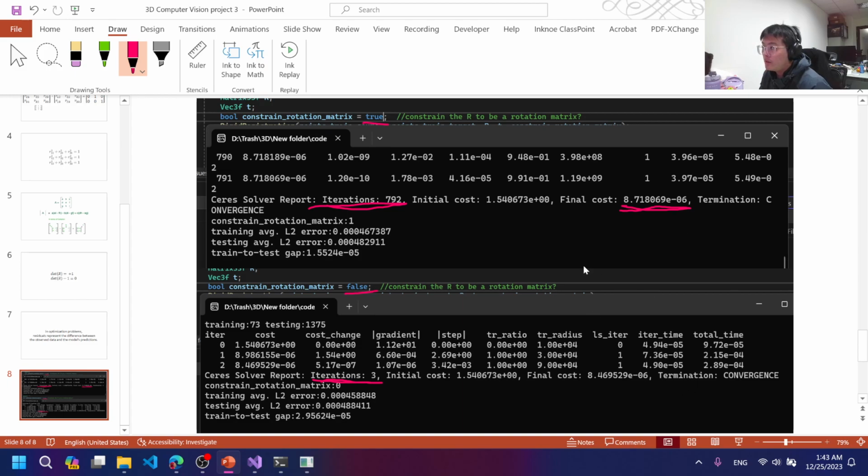So why do we need to enable the rotation matrix?